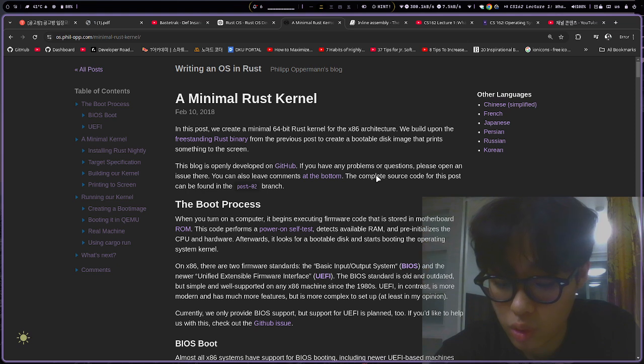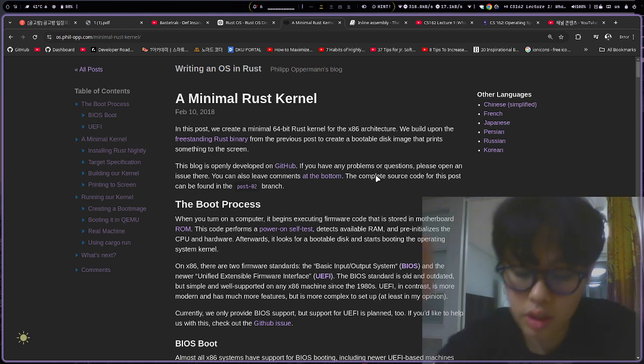So BIOS is the one that checks it, and UEFI is the modern replacement of the BIOS. It has a lot of advantages. The most representative example is faster boot time.